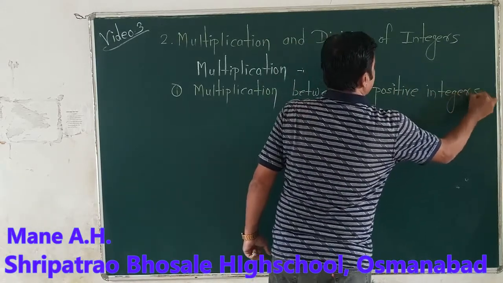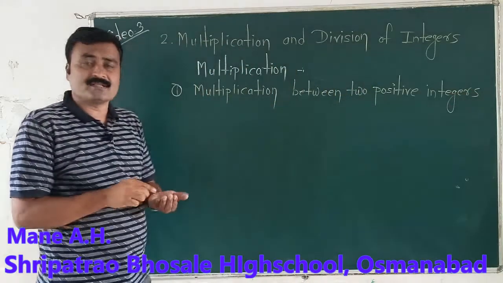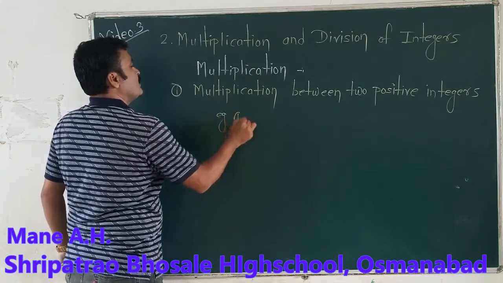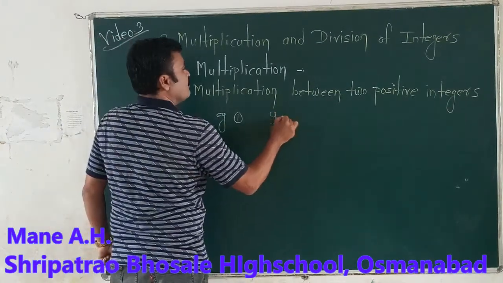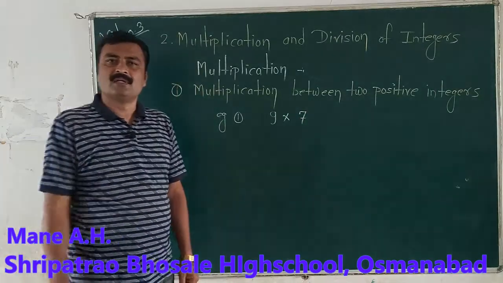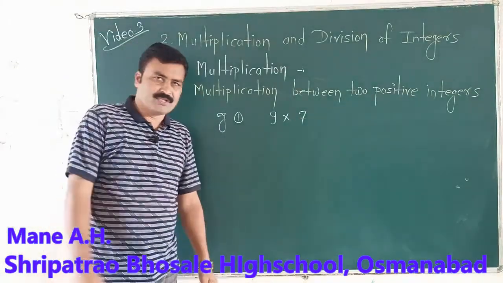So let's take the first example for this condition here. This example in front of you in this way. Now 9 multiplied by 7. Here I am starting from the simplest positive integers.